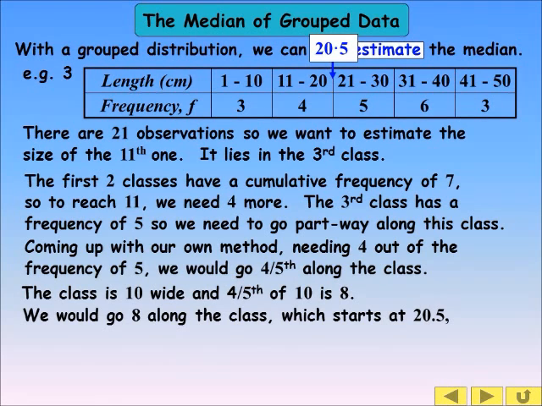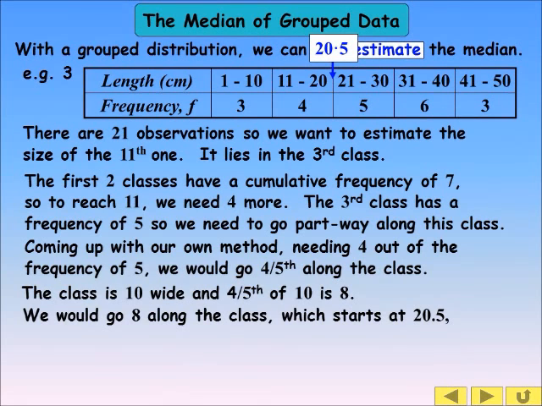Because 20.5 is the lowest of the third class. So what is the highest of the second class? Again everyone, I can't hear you. The highest of the second class is 20.5. Same, right? It is the same.